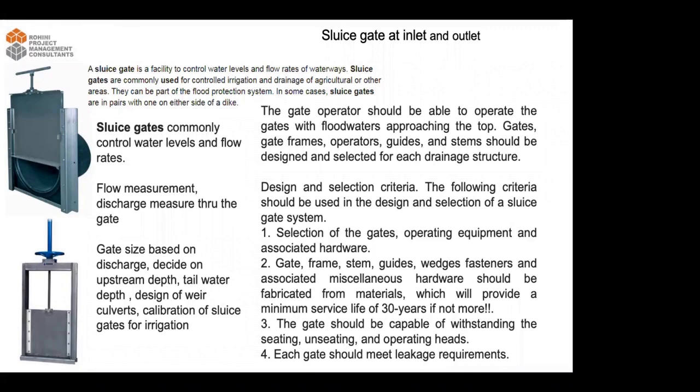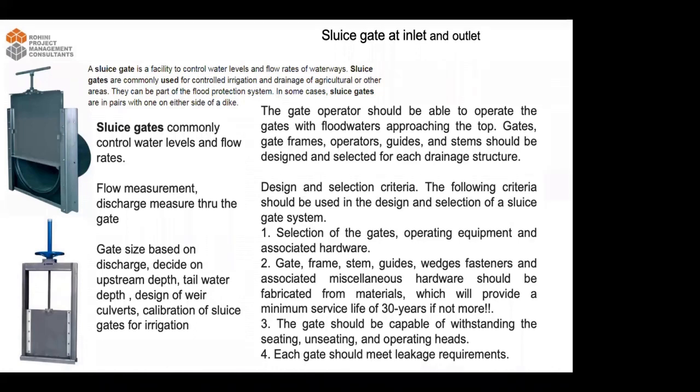Now, coming to the gate sizing. The gate size is based on the discharge. That is decided by the upstream depth, tailwater depth, or design of the weir culverts, calibration of sluice gates for irrigation. Now, when we talk about the gate, as the name says, sluice gate, everything depends on the gate.